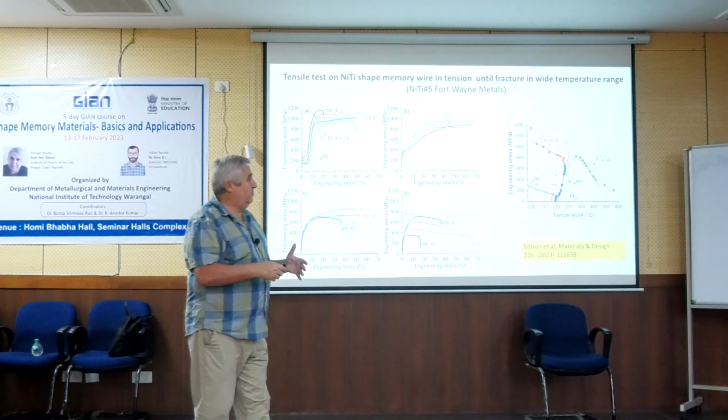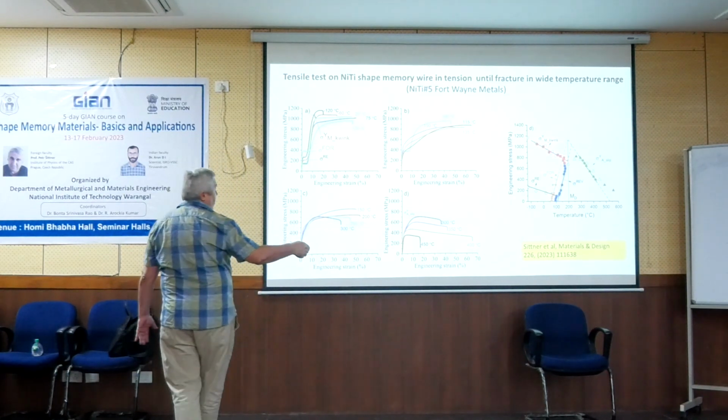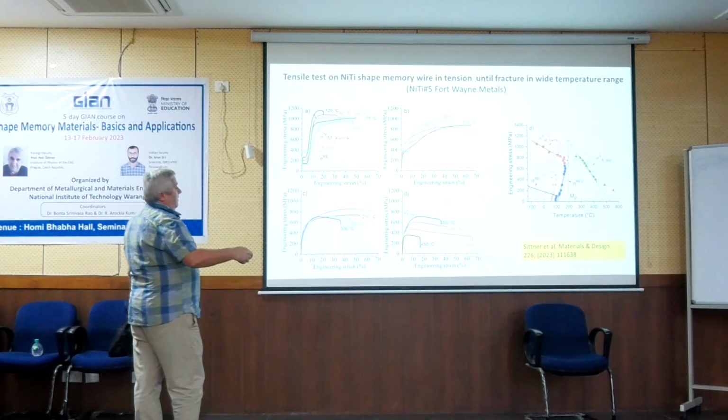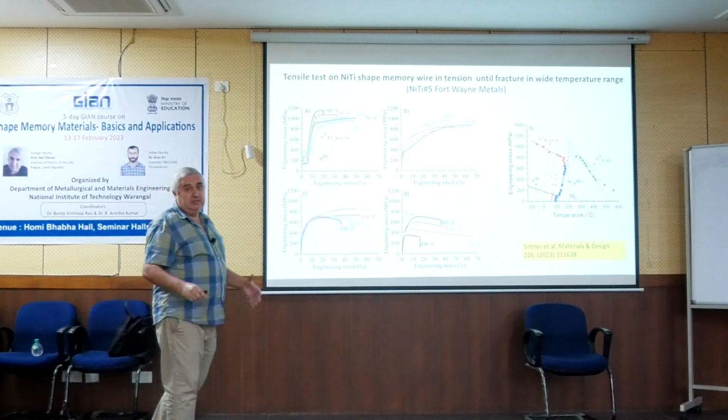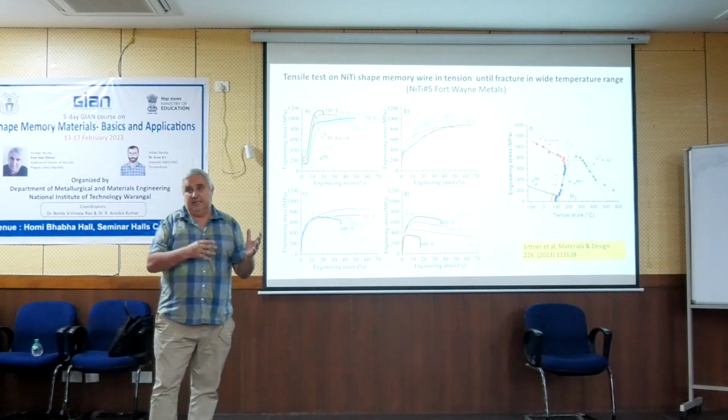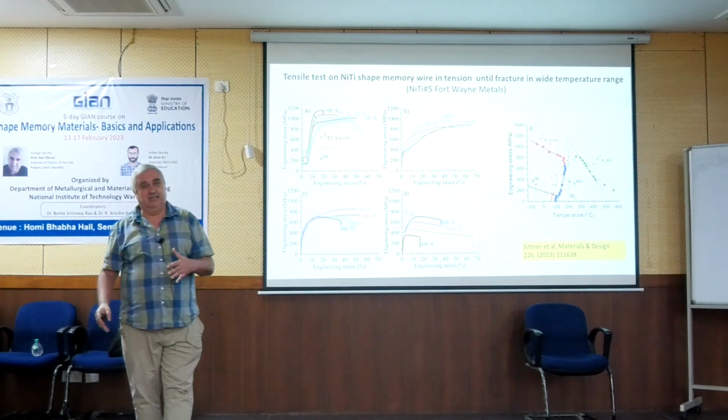So if we have this diagram, we can now try to understand the behavior of the wire from -100 to +400. So we can cover both transformation and plasticity.